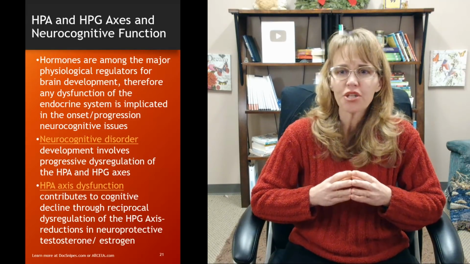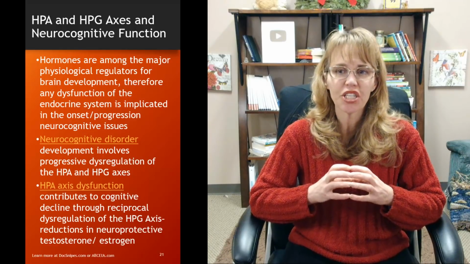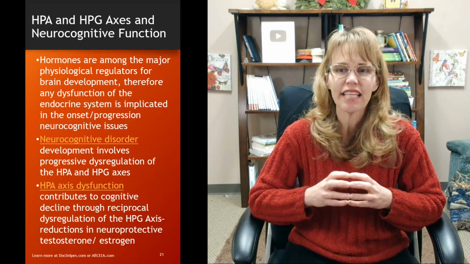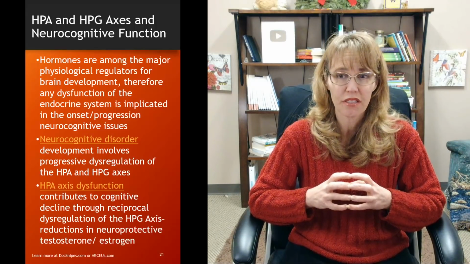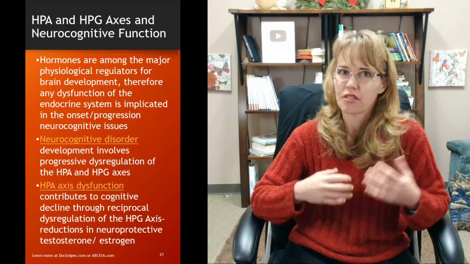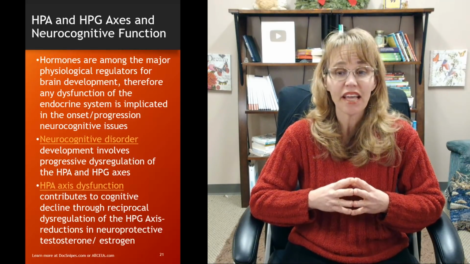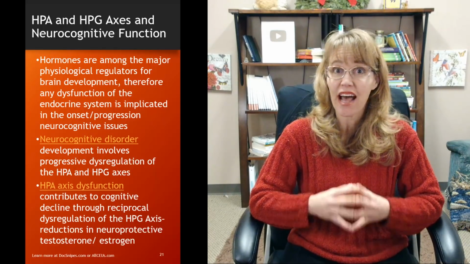Hormones are among the major physiological regulators for brain development. Therefore, any dysfunction of the endocrine system is implicated in the onset or progression of neurocognitive issues. Neurocognitive disorder development, this is your dementia, your Alzheimer's, involves progressive dysregulation of both the HPA and HPG-Axes.